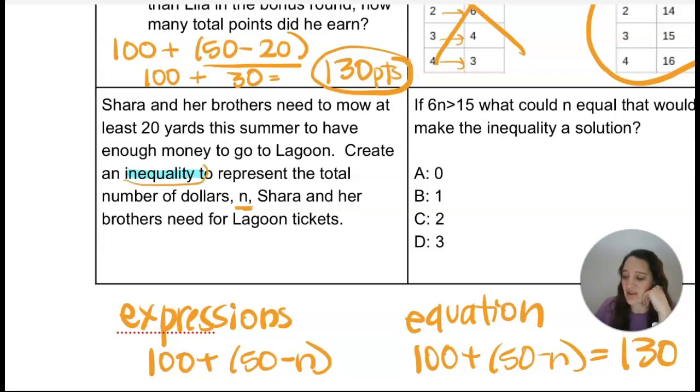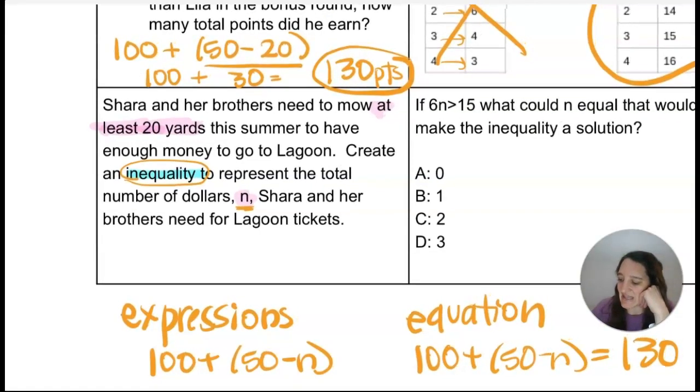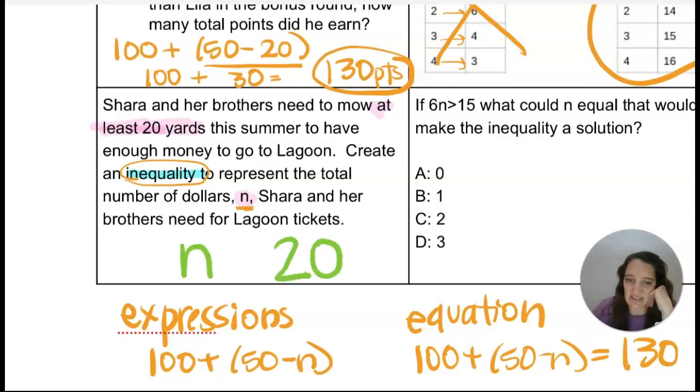An inequality, though, is when we compare two things with either a greater than, a less than, a greater than or equal to, or a less than or equal to. That is what an inequality is. I want to write an inequality that shows that they need to mow at least 20 yards. We're going to use N for how much money they need. So they need at least 20 yards.